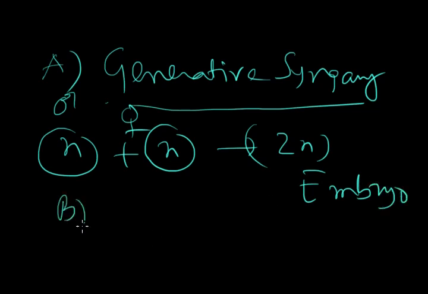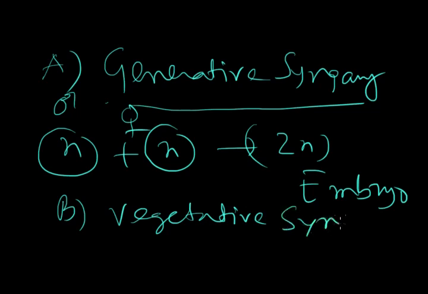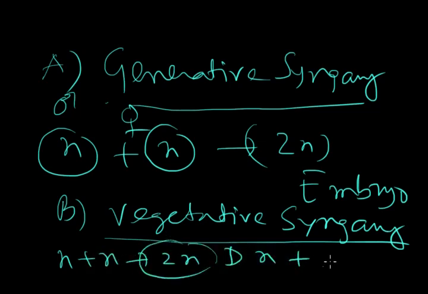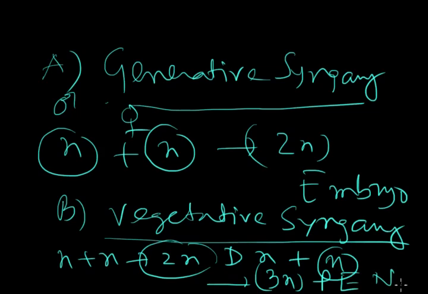The second phase is vegetative syngamy, where actually we are getting the n plus n will make a 2n as diploid definitive nucleus plus an n of the male gamete forming 3n as the primary endosperm nucleus.